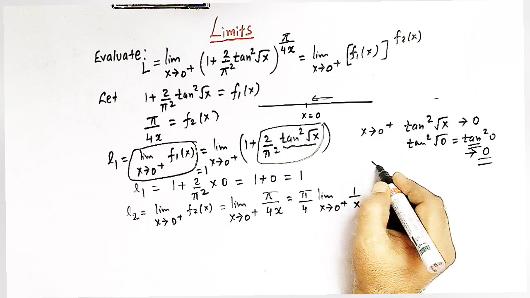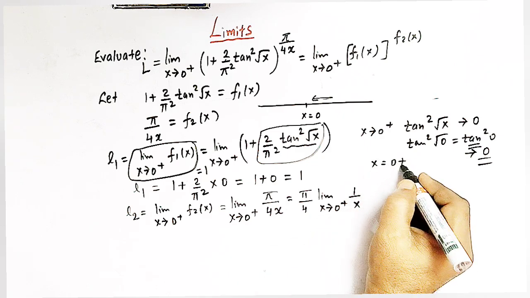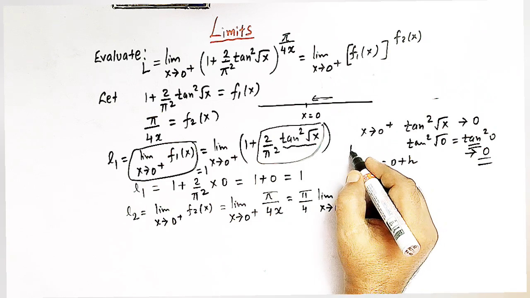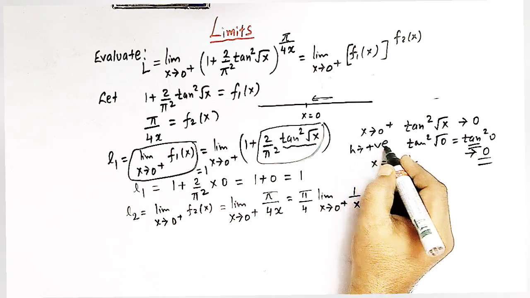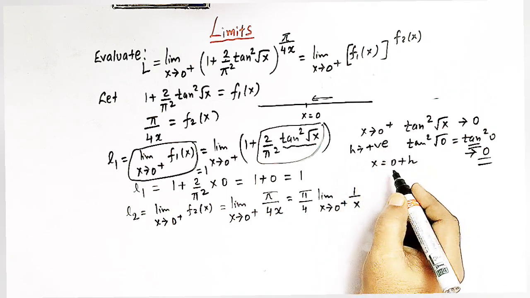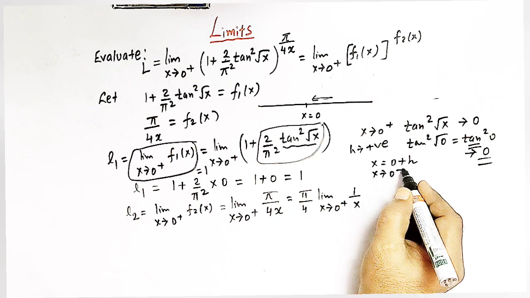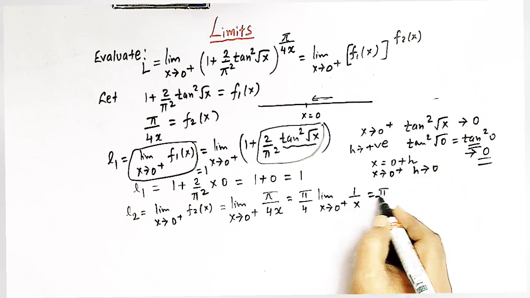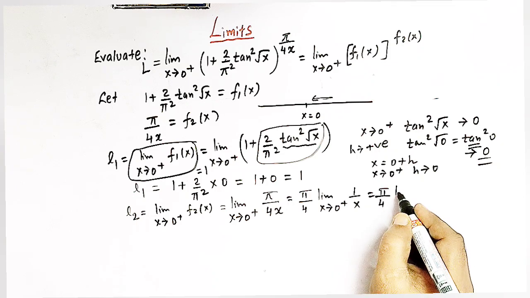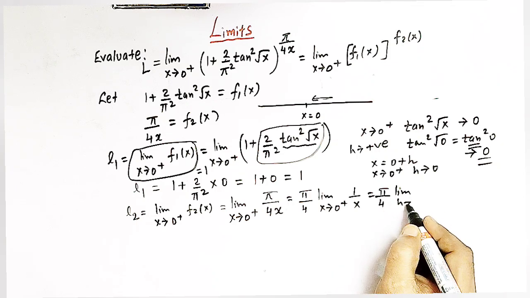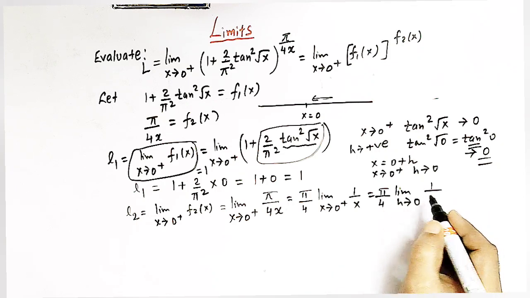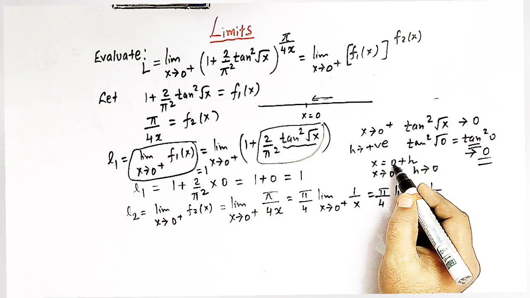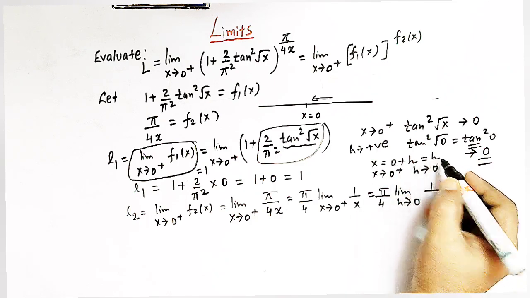So here if we take x is equal to 0 + h, where h is a positive quantity and h lies between 0 and 1. So when x tends to 0, then h tends to 0. So we can also write this limit as limit h tends to 0, and here we have x is equal to 0 + h, that is simply h.